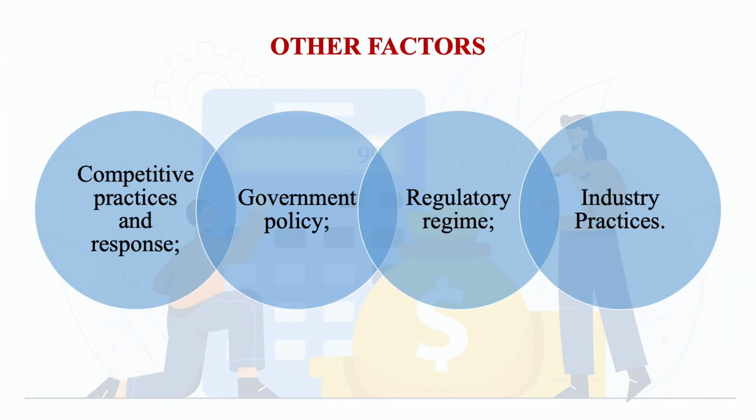The last variable in other variables is industry practices. How does the industry generally price those? There are prevailing practices in various kinds of industries. There are certain industries which are monopolistic or have oligopolistic pricing practices. You would have studied this in your microeconomics.